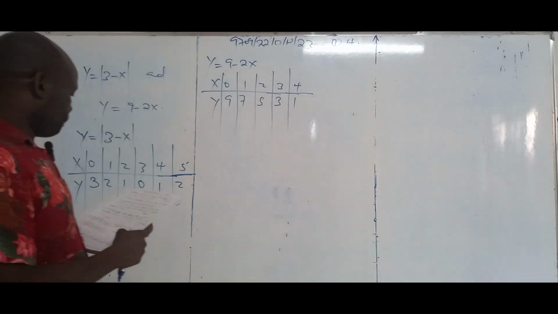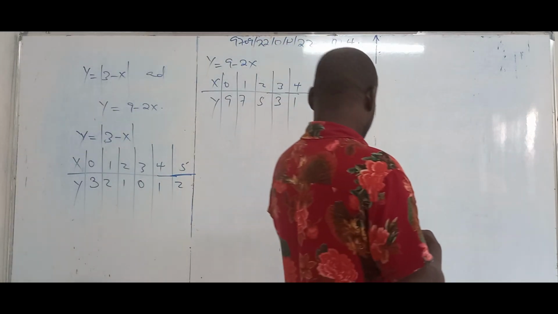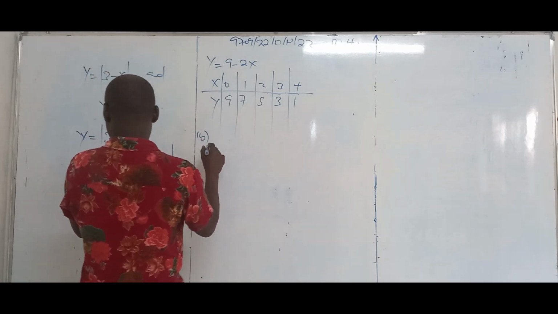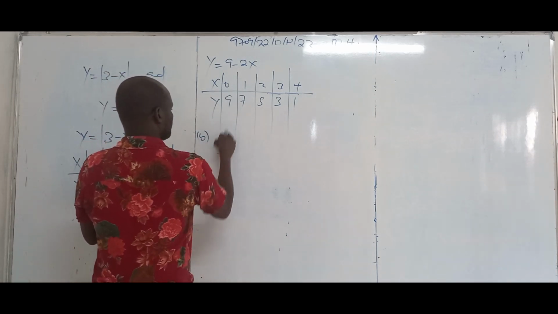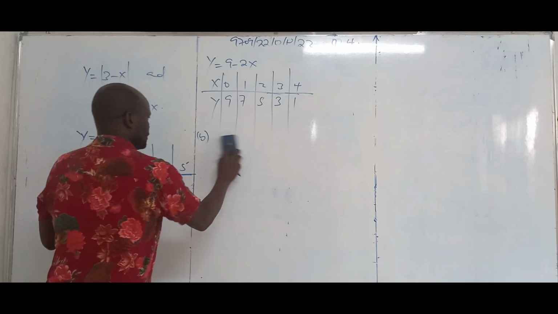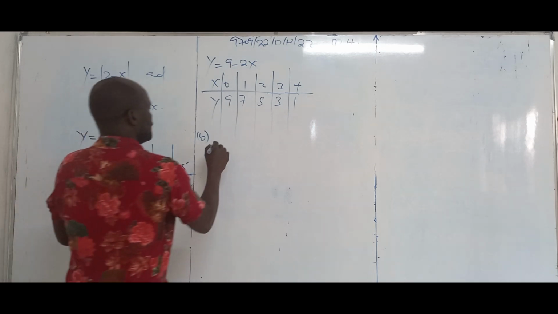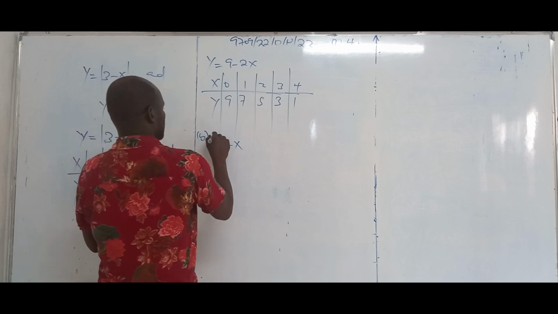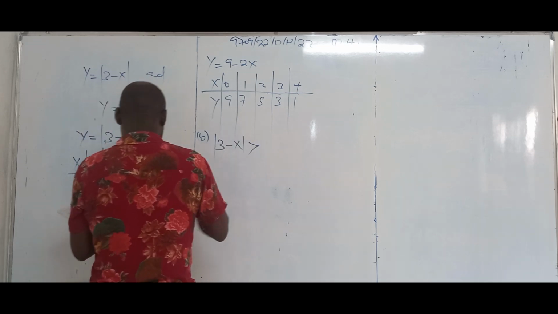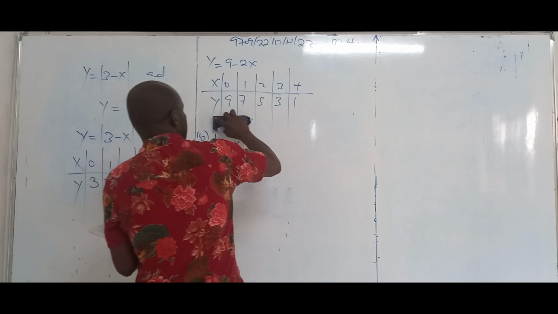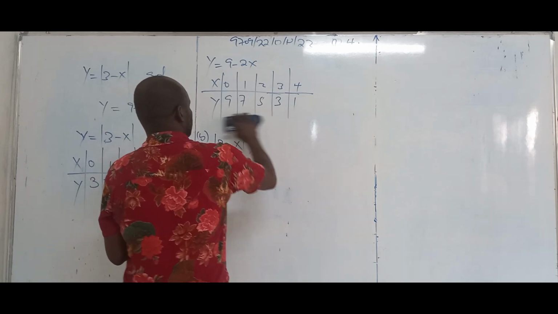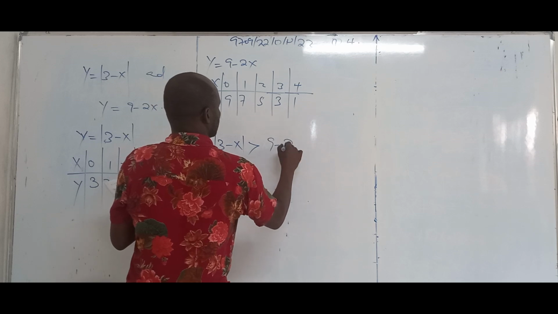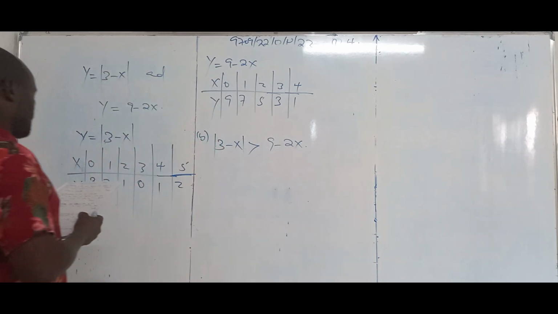Then part B, solve the inequality. We are then asked to solve the inequality: modulus of 3 minus x is greater than 9 minus 2x.